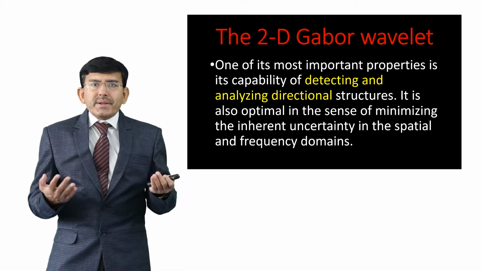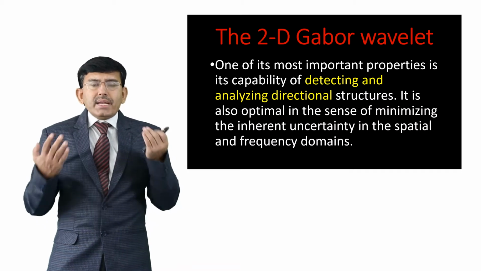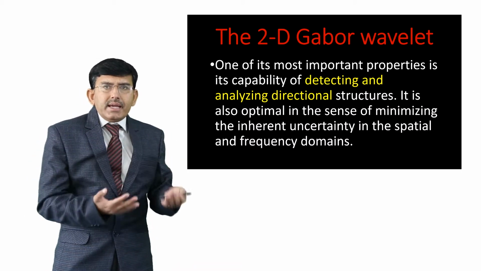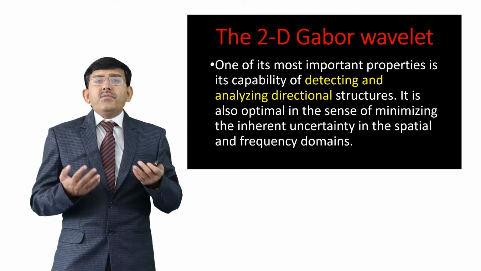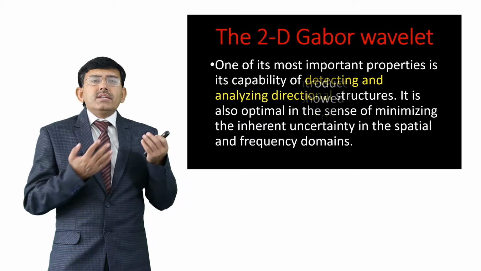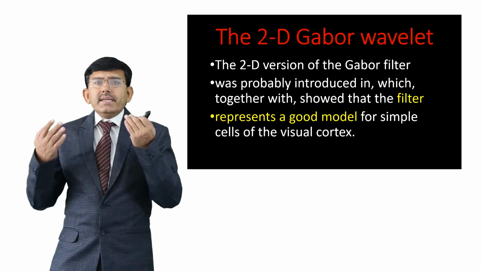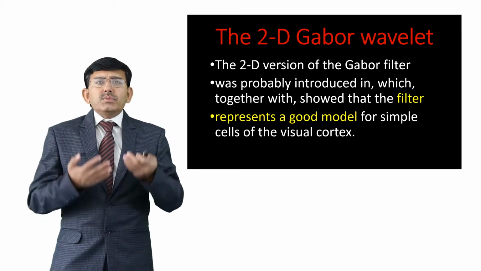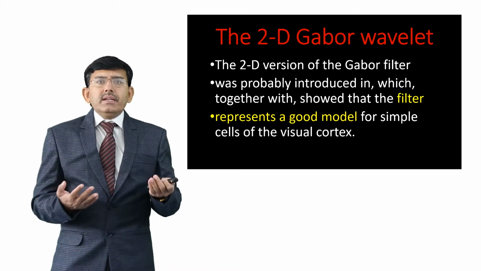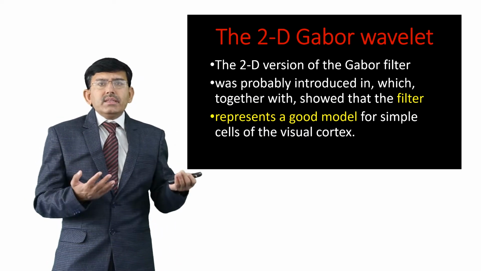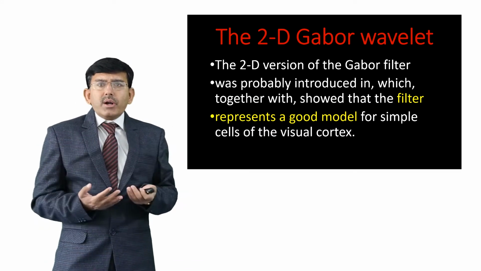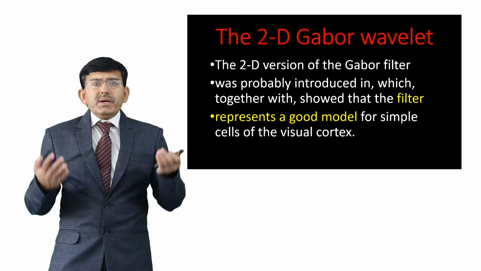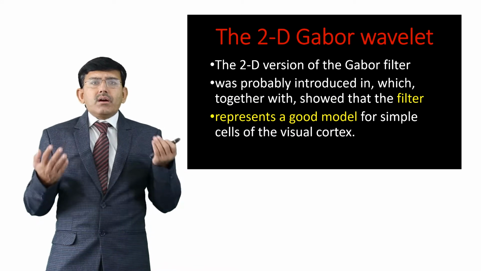It is also optimal in the sense of minimizing the inherent uncertainty in the spatial and frequency domains. The 2D version of the Gabor filter was probably introduced together with a demonstration that the filter represents a good model for simple cells of the visual cortex.